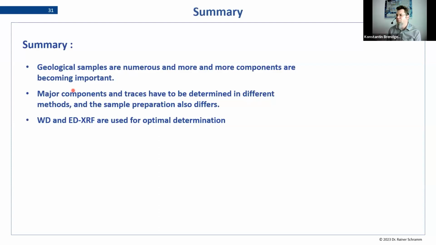We do the main components with fused beads, standard stuff, and then we do the traces in a pressed pellet of the concentrated powder, to give the entire periodic table as a result in the end. And we use both techniques here. We use the wavelength dispersive and the energy dispersive systems that we have at our disposal to give a good comparison of all the elements.